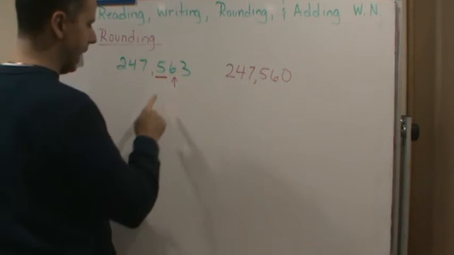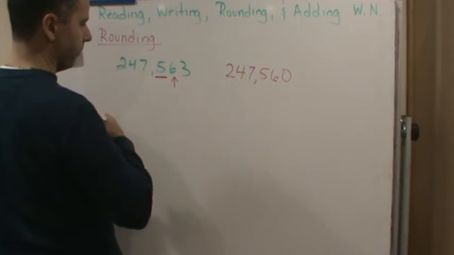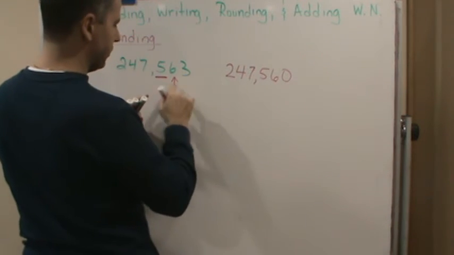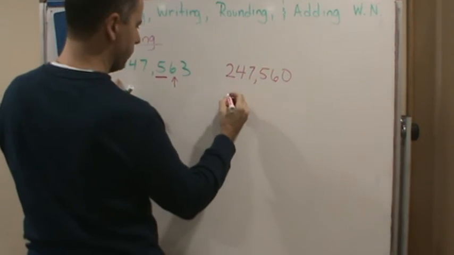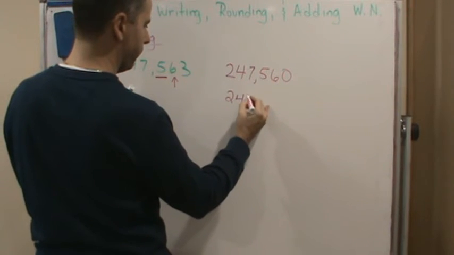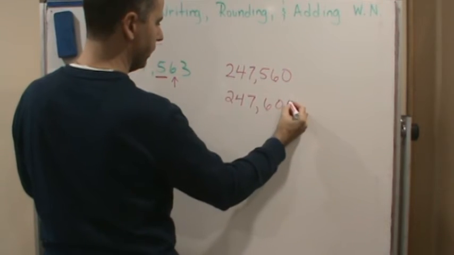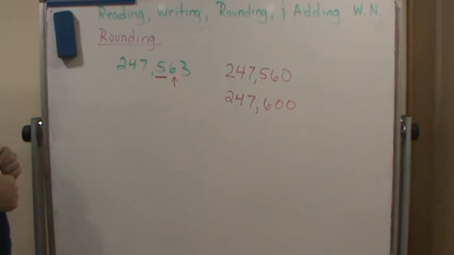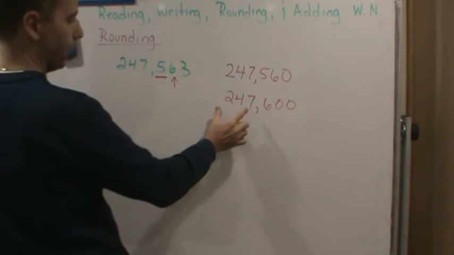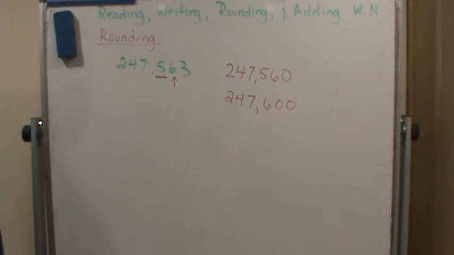So that means I'm going to increase the 5 to a 6 here, and everything to the right becomes zeros. So then my rounded number would be 247,600. That's to the nearest 100.